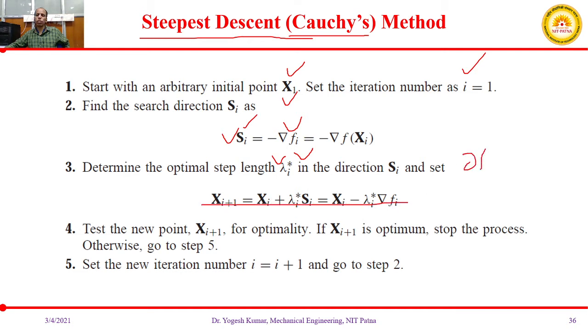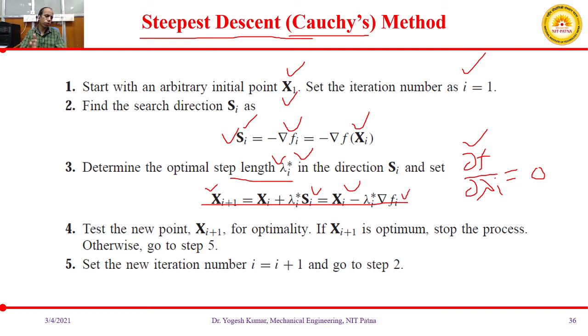To calculate it, we take the function f and equate the partial derivative of f with respect to lambda to 0, to get the optimum value of lambda. Then we calculate the new point, which will be xi plus 1 equal to xi plus lambda i si. Put the value of si from here, so this will become xi minus lambda i into gradient of f i.